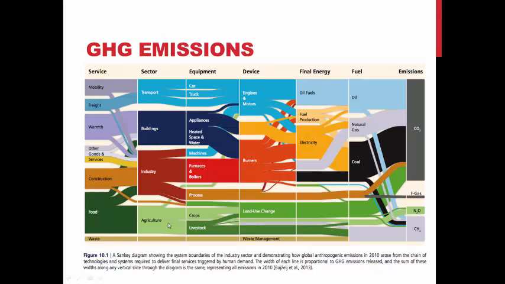Particularly, I'll draw your attention to this sector column here, as that's where we have focused on between sector and equipment basically. So the main contributions that we look at here are by transportation, buildings impact, industry, and agriculture. We have not looked further into agriculture, as that didn't seem like a dominant role for semiconductors, but please let me know if you think there's something that we're missing there.